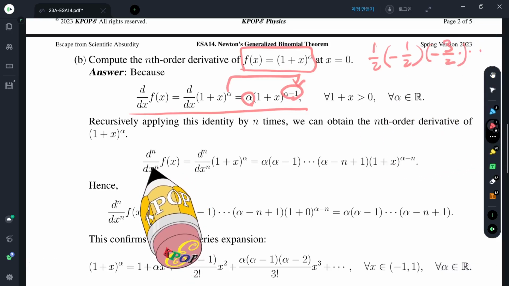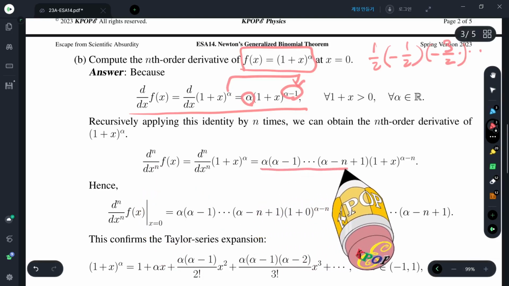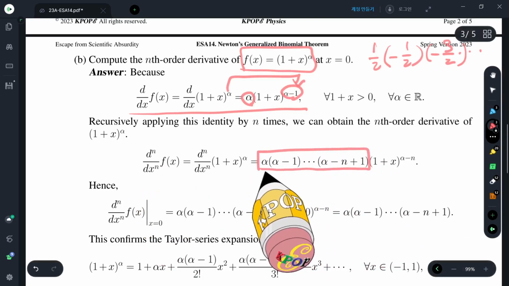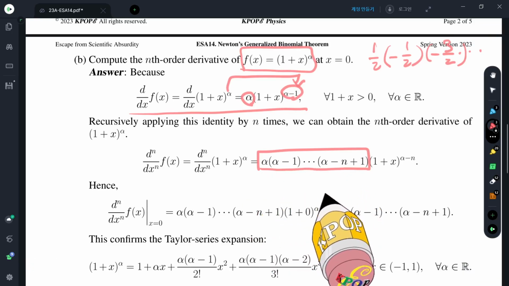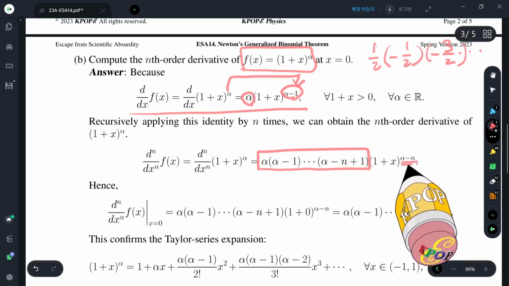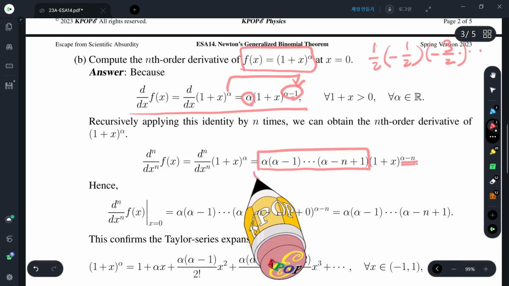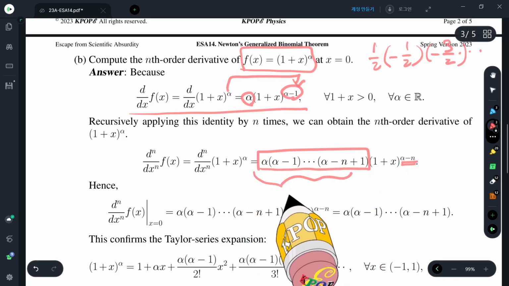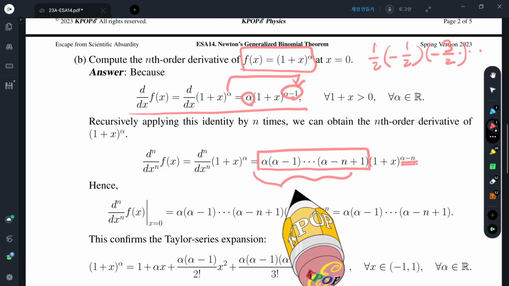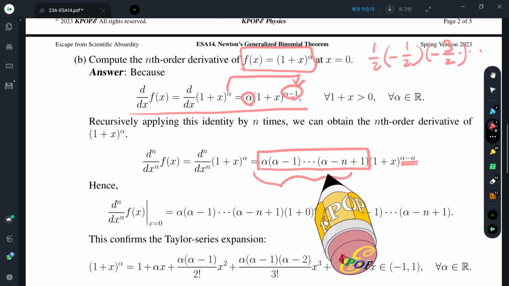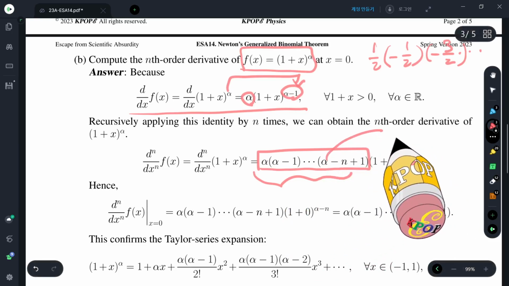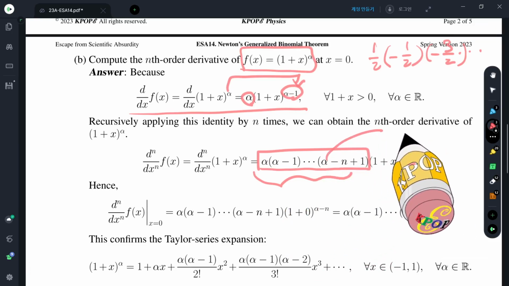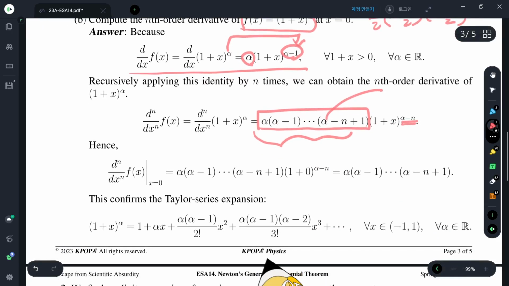So the nth order derivative brings in a factor decreasing by 1, and the power decreases, but the factor in general never becomes 0. It has a 0 at some point when alpha is a positive integer.